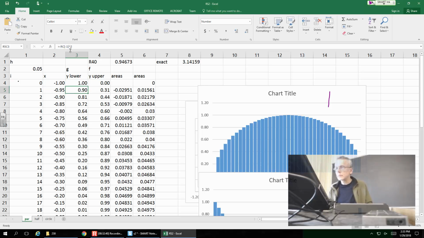Okay. Hold on a second. No, I didn't do it right. Minus, like this. Okay, you see the difference, right? It will square it first, and then give the negative sign to it.